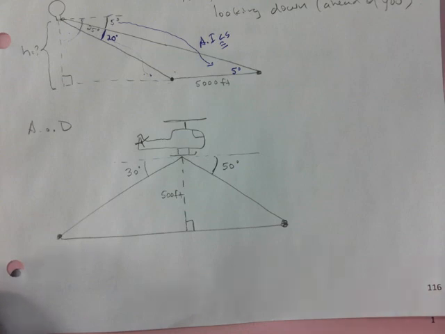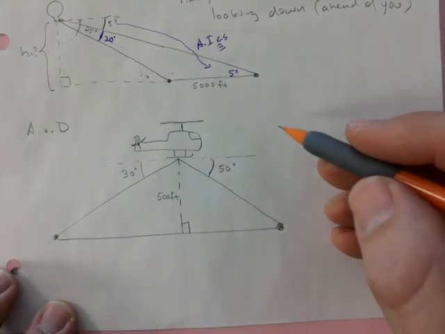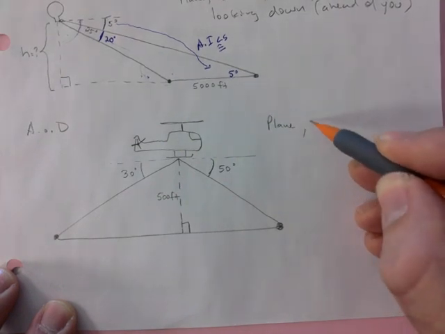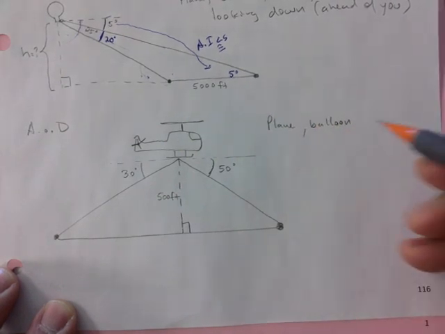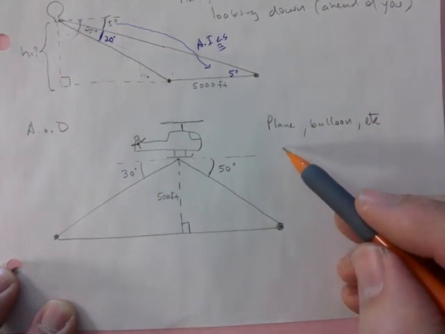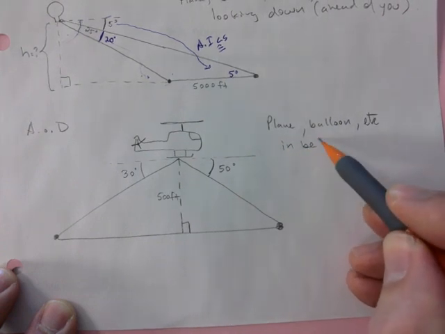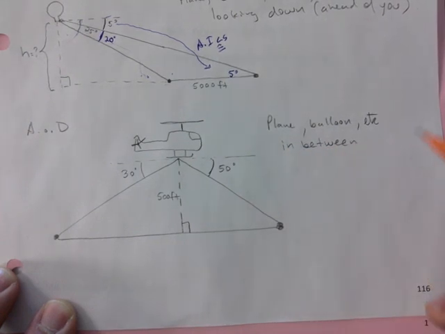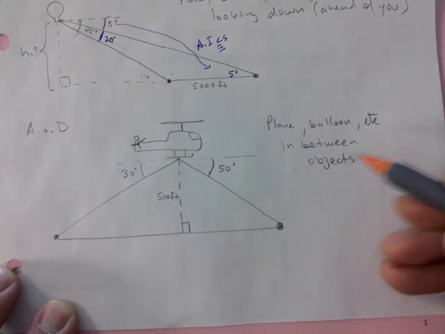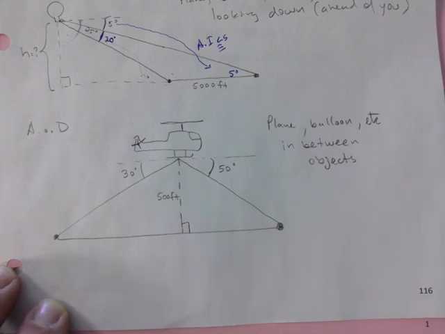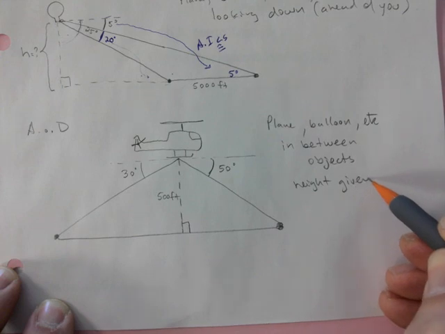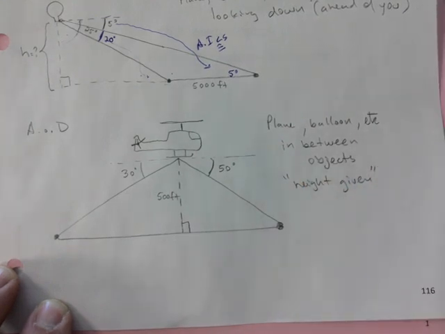So don't be too worried about that. I will just make a note here. Plane, balloon, etc. in between objects, right? So that's what this is giving. Height is given. Height given. That's very important here.